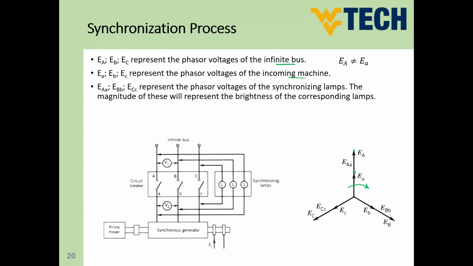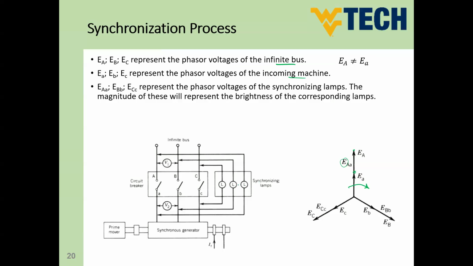This is the voltage difference between the generator and the infinite bus. In order to achieve the connection, you have to have this voltage equal 0, which means the generator and infinite bus have the same value. How can we detect that? Simply, guys, if you have any voltage difference between the generator and the infinite bus, you can detect that on synchronizing lamps.